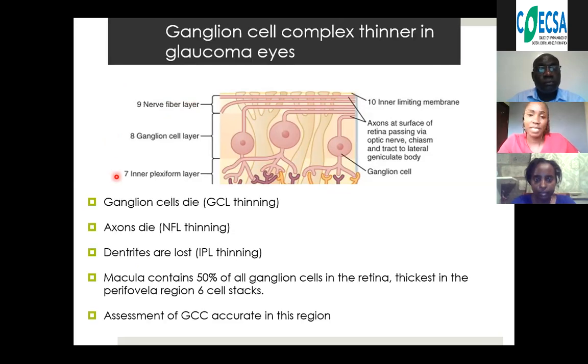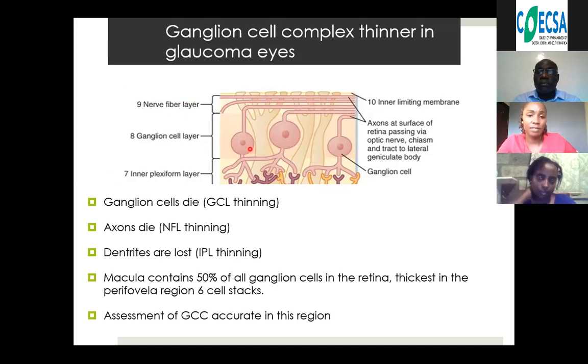So what is the importance of this in glaucoma? In glaucoma, what has been shown is that the ganglion cells die, because of all the theories of hypoxia, ischemia and mechanical damage. So the ganglion cells die.